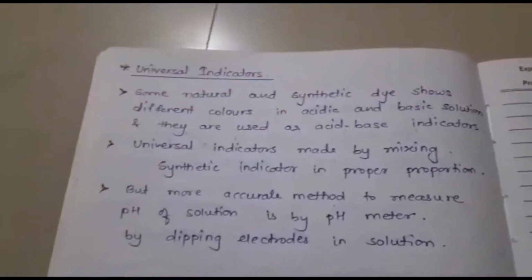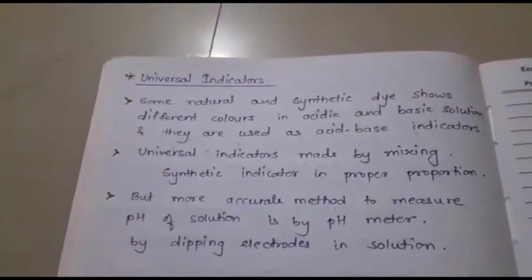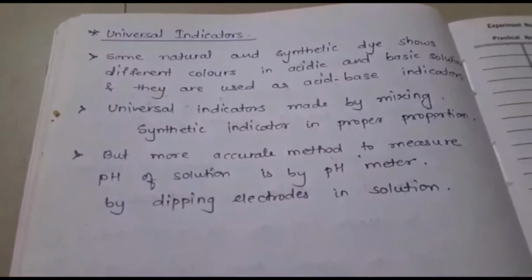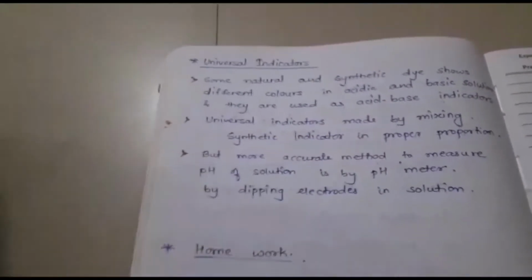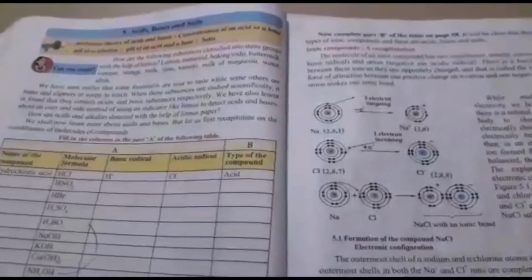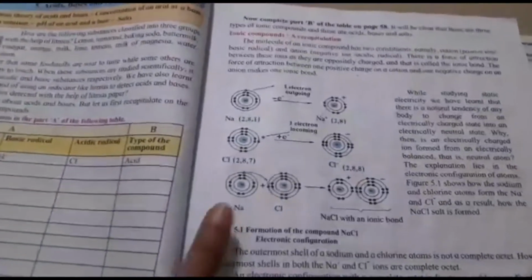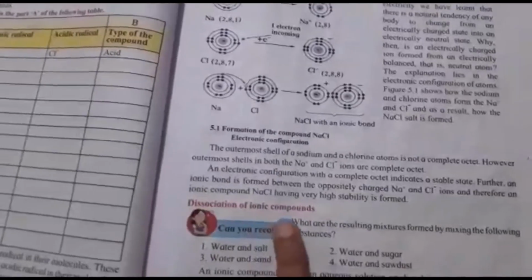Further, I am going to give you some homework. Let us see till where we have completed. Acid and bases, ionic compound, in yesterday's topic I completed this. Next, today we have completed dissociation of ionic compounds.